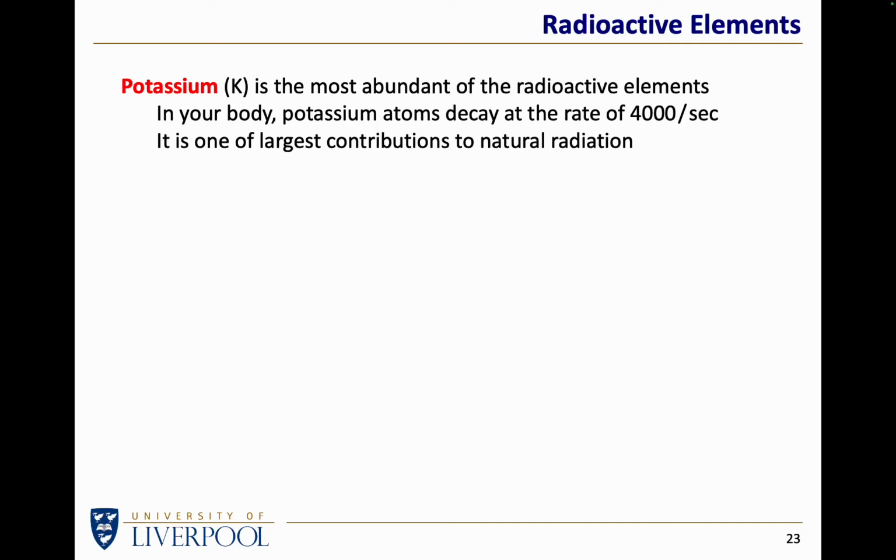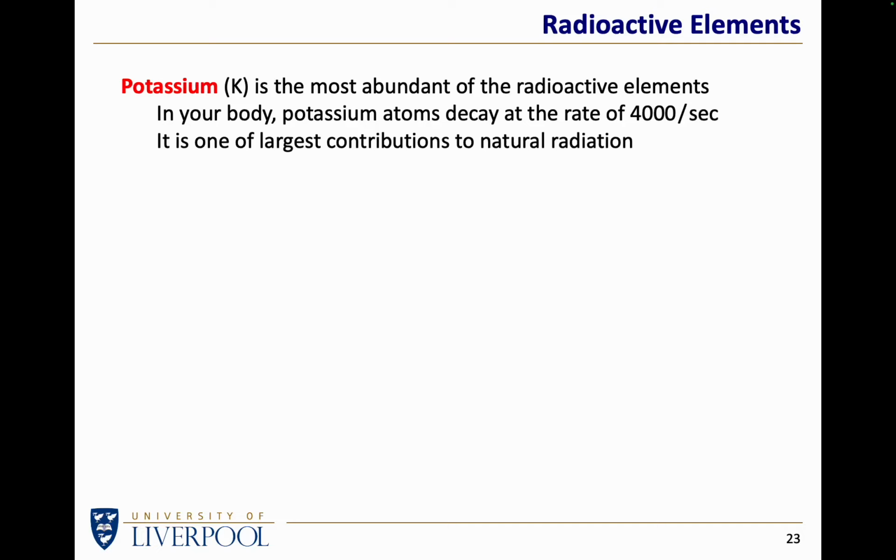And for instance, in the average person, if you work out, because certain isotopes of potassium are radioactive, it can be worked out that there are probably 4,000 atoms in your body decaying every second, changing into something else, potassium changing into argon.